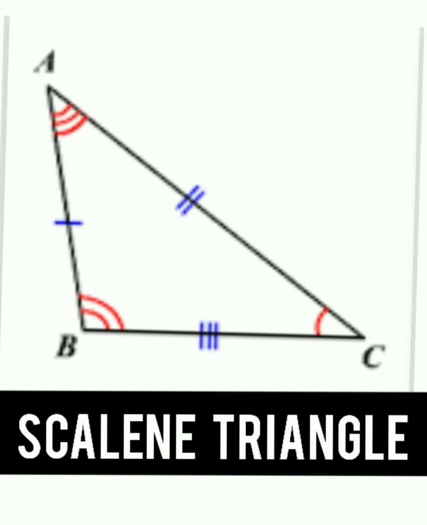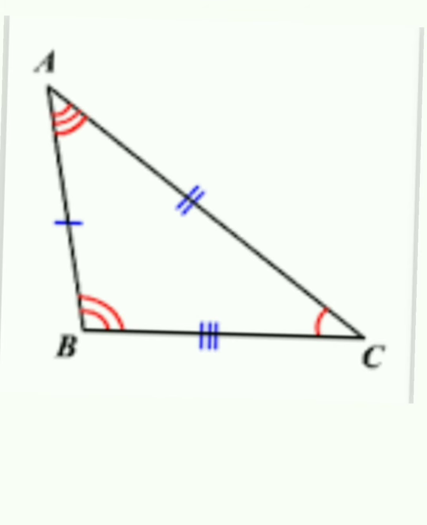Scalene triangle. A triangle in which all the sides are unequal is called a scalene triangle. That is, in figure ABC, AB is not equal to BC, which is not equal to CA. And as a result, of course, all the 3 angles of a scalene triangle are different.